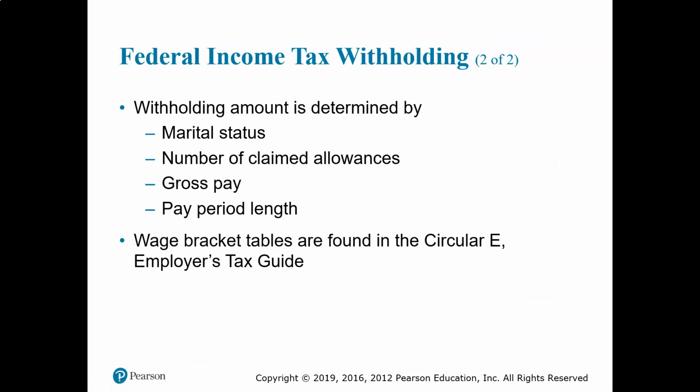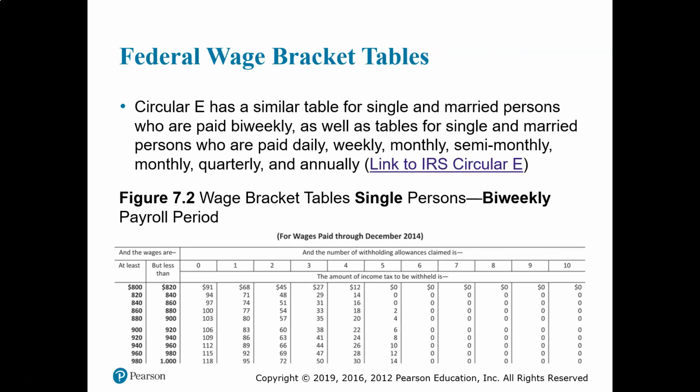Okay, so the withholding amount is determined by marital status, the number of claimed allowances, the gross pay, and the pay period length. So wage bracket tables are found in the Circular E Employer's Tax Guide, which I think is on the next page here.